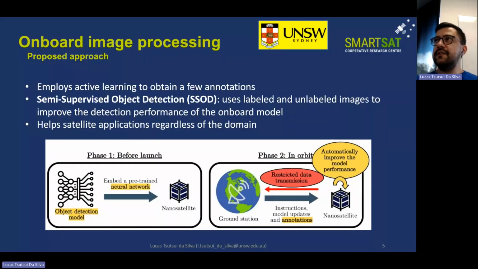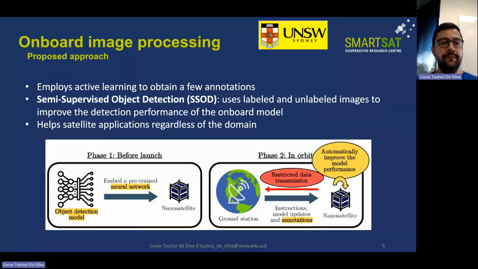We employ active learning to obtain labels for a few images, and using the labeled and unlabeled images, we can apply semi-supervised object detection to automatically improve the detection performance of the onboard model. And since this is a generic solution, we hope that it will help satellite applications that employ object detection regardless of their domain.